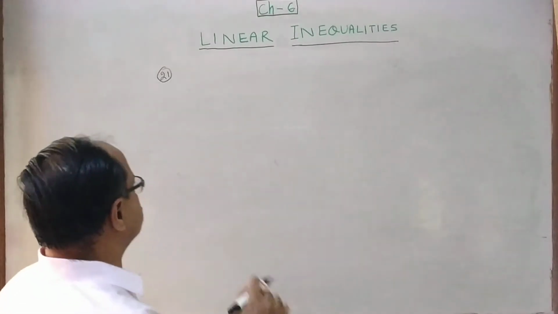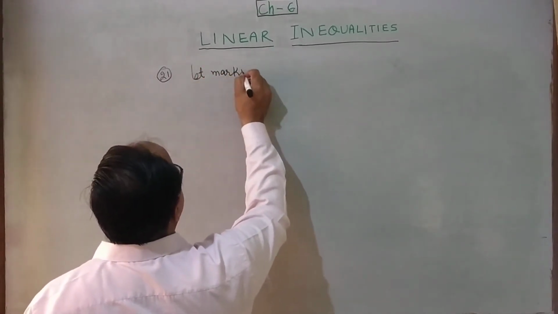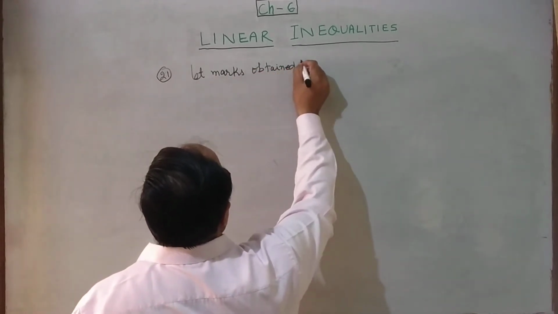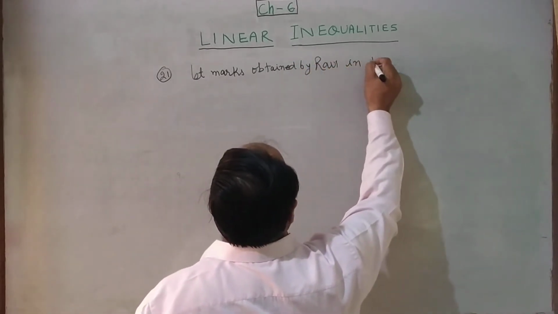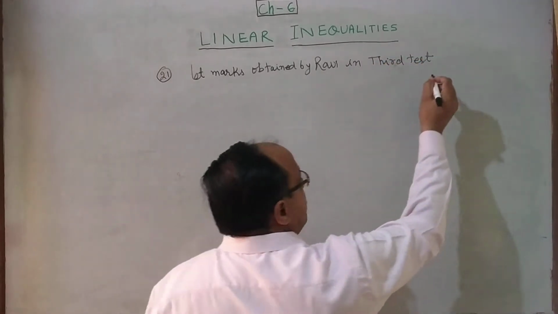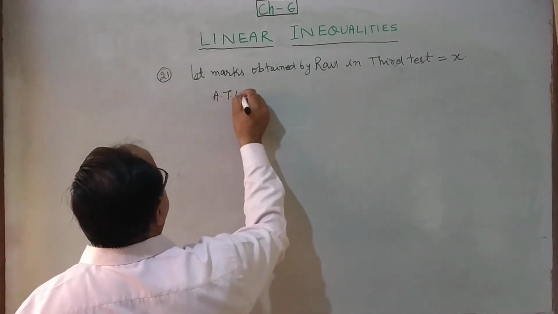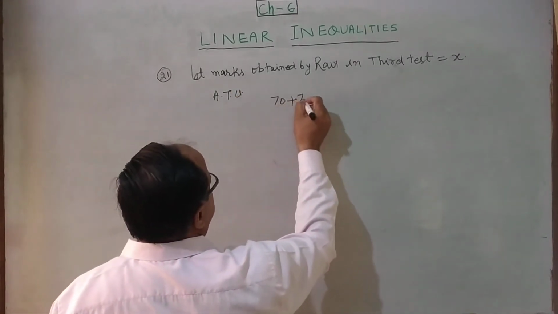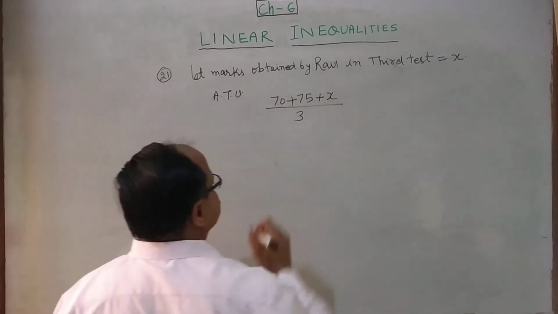This is the question. Let the marks obtained by Ravi in the third test be X. According to the question, in the first test 75, in the second test 70 and in the third test X, and their average is 3.